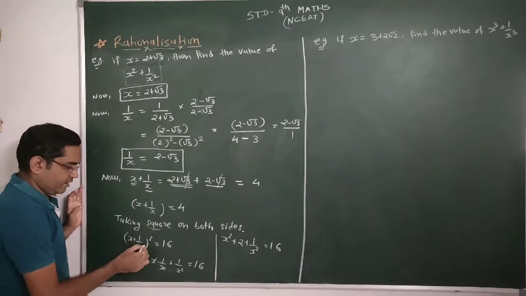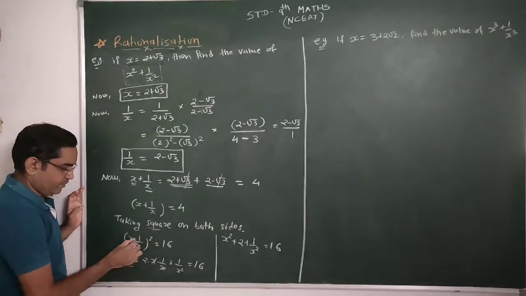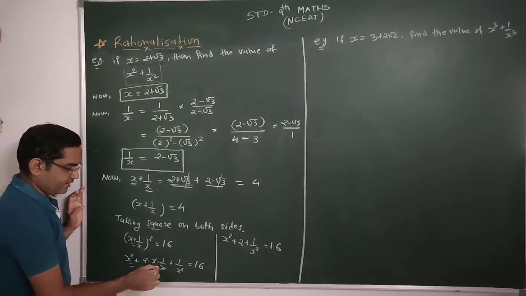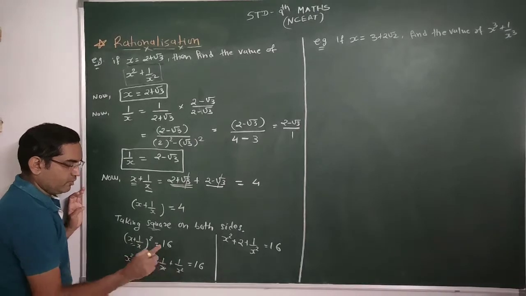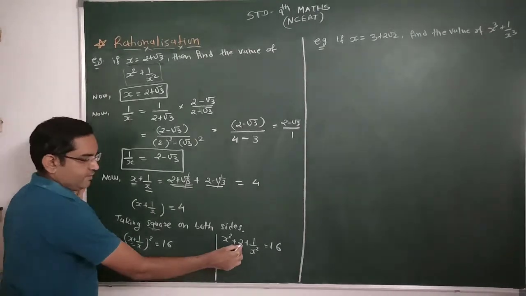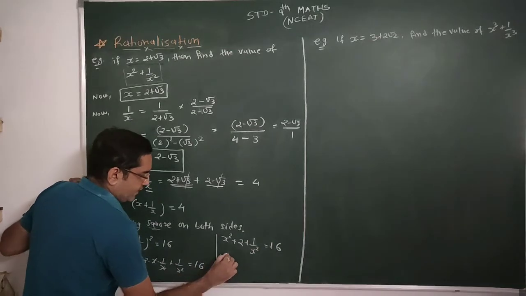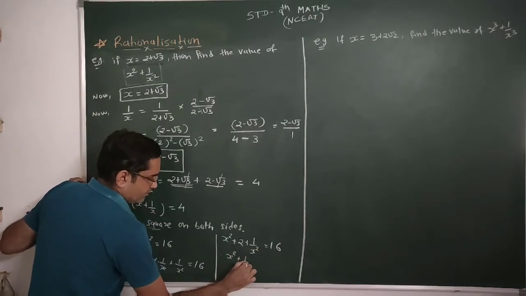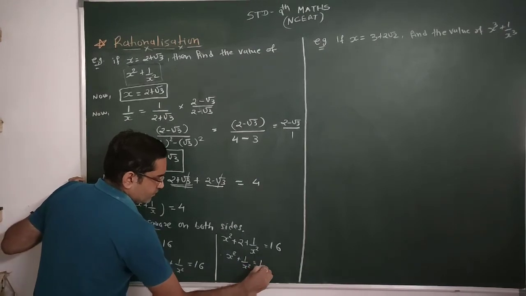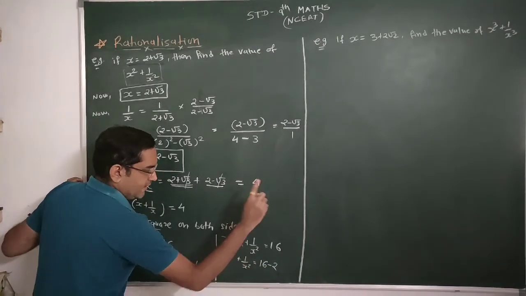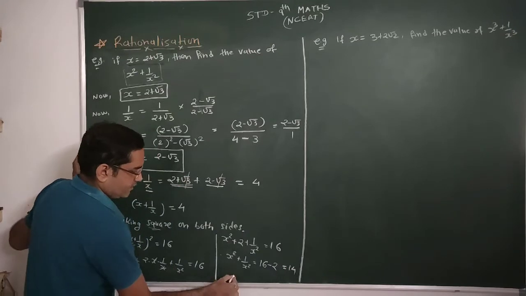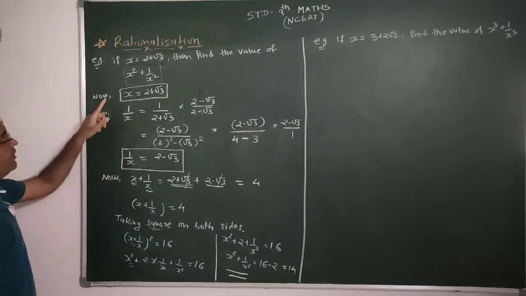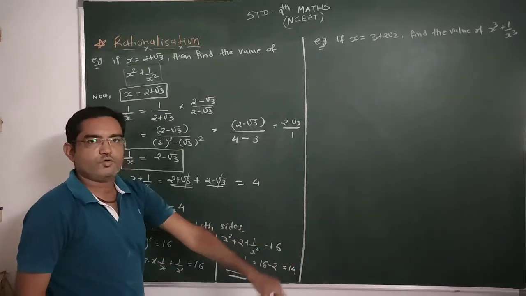Now taking this 2 to the right hand side, we get x square plus 1 by x square equal to 16 minus 2, which is equal to 14. This is our answer: x square plus 1 by x square is equal to 14.